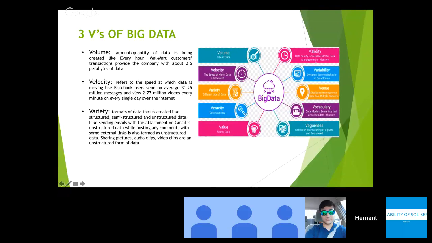Then the validity of data, the governance around it, then the variability of it, in the sense of the data source which is generating it, how it evolves, and how different types of data it produces in terms of size and characteristics. Then we also talk about the data venue, which system, which platform it has been generated from, and how it affects the data behavior.